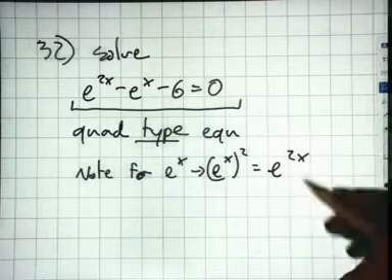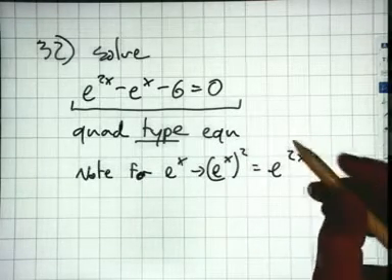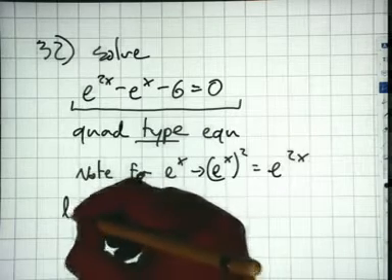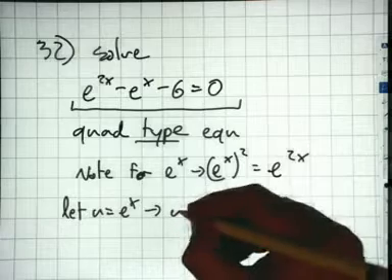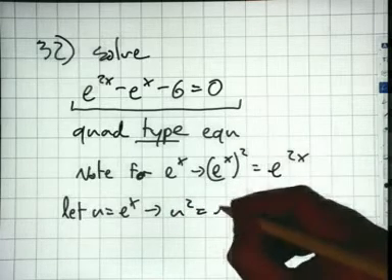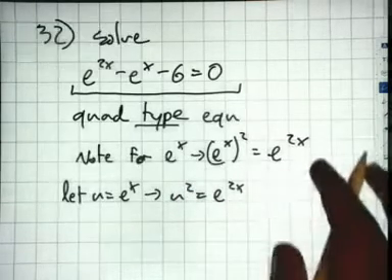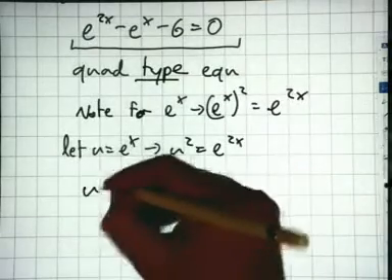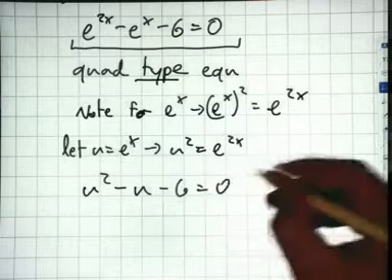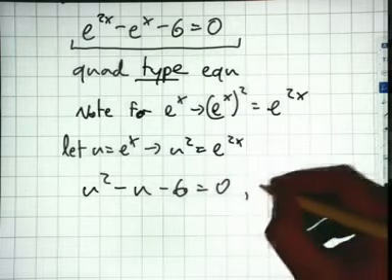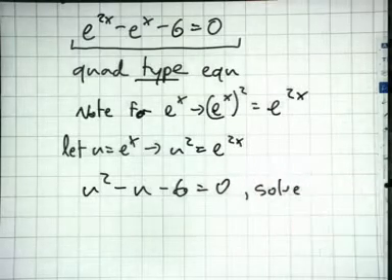So that's how I'm realizing that this is a quadratic type equation, because now I can let u be equal to e to the x, then that makes u squared equal to e to the 2x. So now you have u squared minus u minus 6 is equal to 0. Now we can solve this quadratic equation.